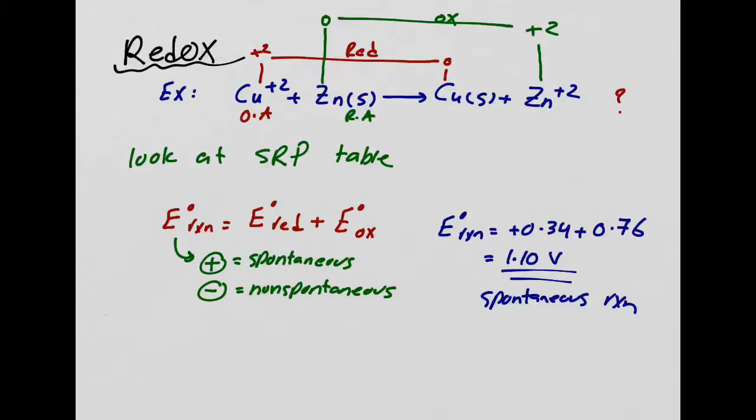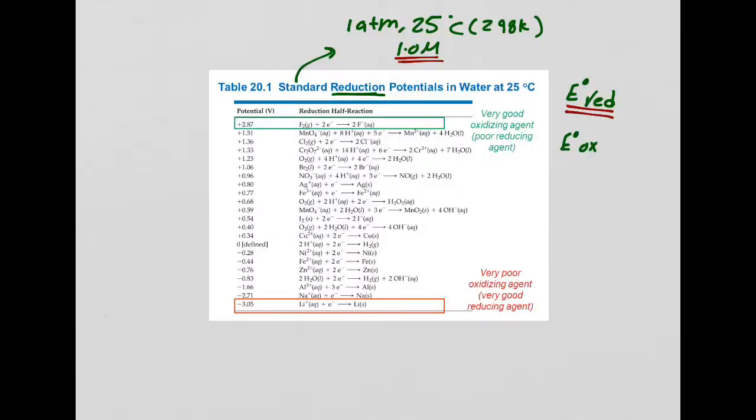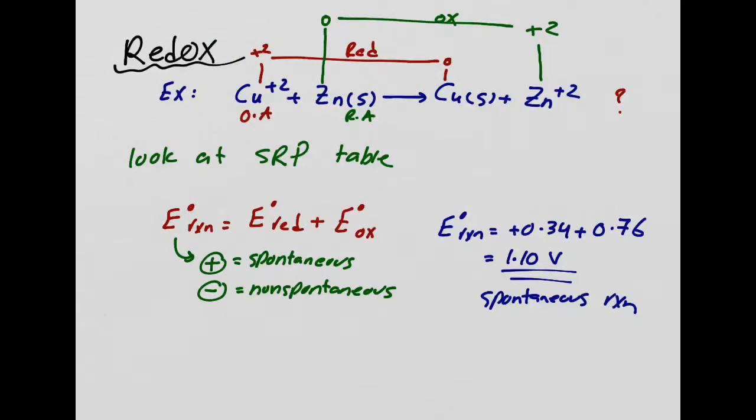Now let's go back to this table. I just want to make sure you really understand this table. If you look at this table, a few things to look for. Since this is a reduction table, the more positive these are, that means these are really, really good at reducing. They want to be reduced. Now, if you're good at reducing, that means you are a good oxidizing agent, because remember, they're the opposite. If this one got reduced, you're an oxidizing agent.